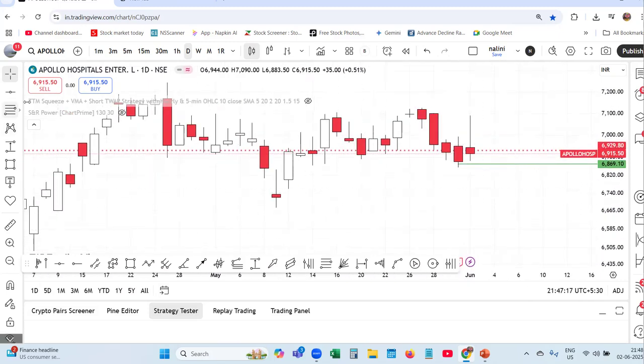This is how this indicator and this strategy help you for better intraday, and it is very, very suitable for option traders. Option traders can guess the entry with precision.